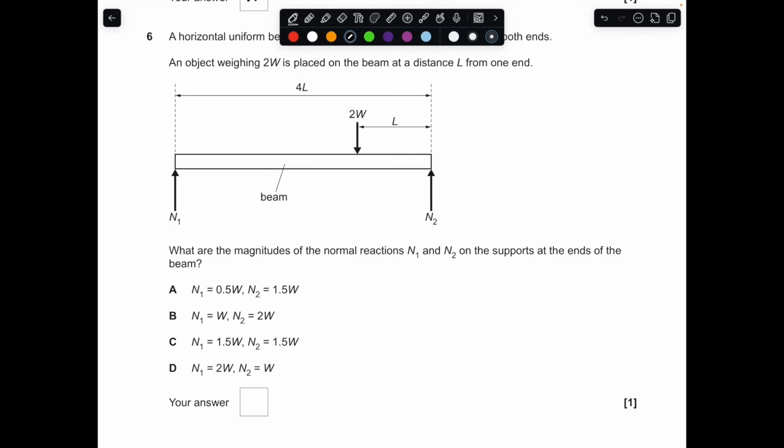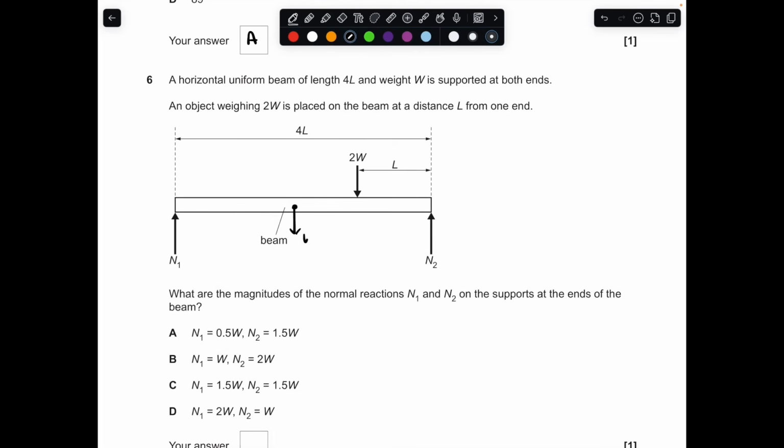We can deal with this question using two equations. One will be just based on the forces. W is going to act from the middle because the beam is uniform, and the total upward forces will be equal to the total downward forces because the resultant force is 0 as it's in equilibrium. So that means 3W is going to be equal to N1 plus N2.